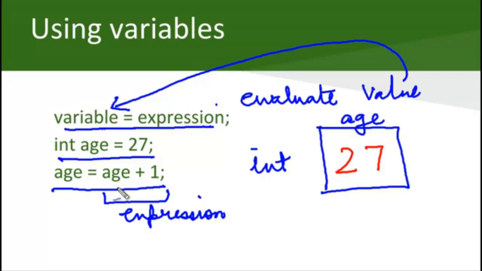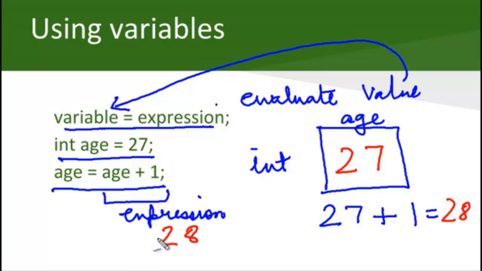So on the right hand side, what it is doing is it is adding 1 to age. So age is 27. If you add 1 to age, the result is 28. Now the value of this is 28 and this value will now be assigned to age. So age, which was earlier storing 27, will now store 28.